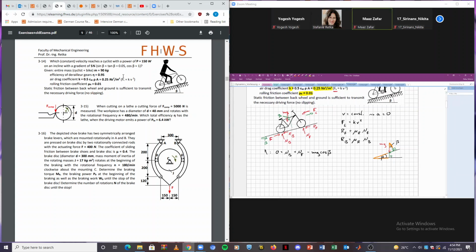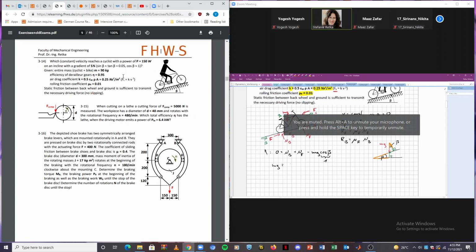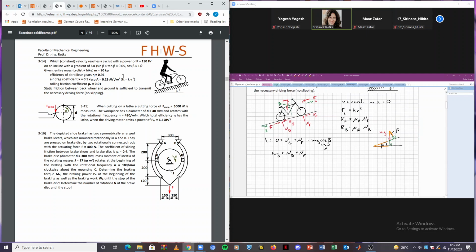Okay. As given in the problem description, the cosine of beta can be assumed to be 1. Then we have mg is equal to NB plus NF.